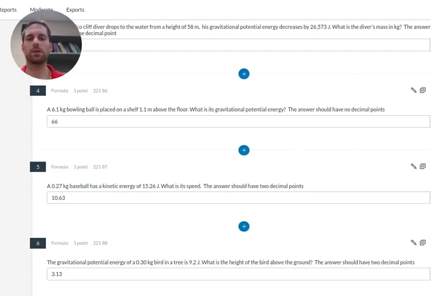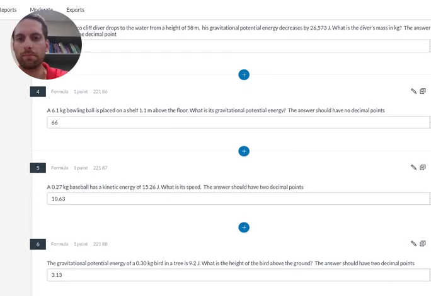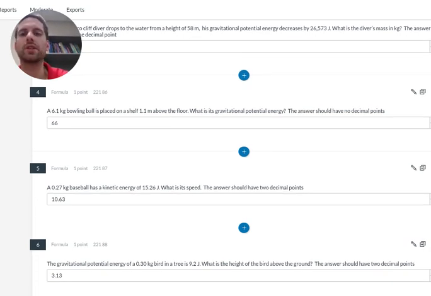So here's our, this is a gravitational potential energy problem, so mass times gravity times the height.